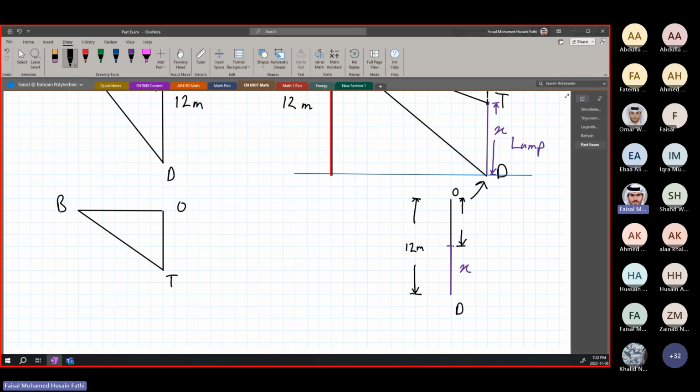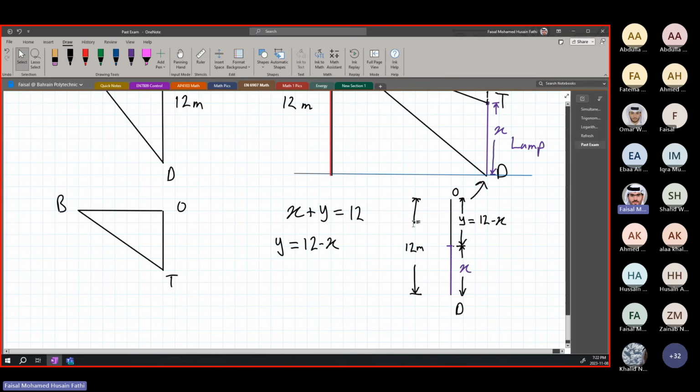If we call this distance y, we know x plus y equals 12, right? Because this is x from here to here and this is y, so the total distance is x plus y, which equals 12. So we can say y equals 12 minus x, so here we can simply write 12 minus x. Okay? Nothing complicated here, I'm just doing simple math.